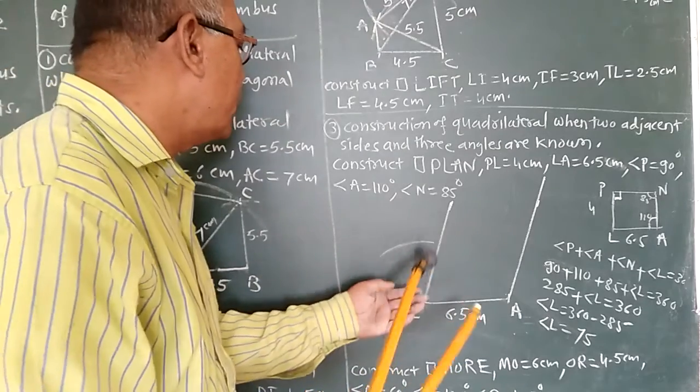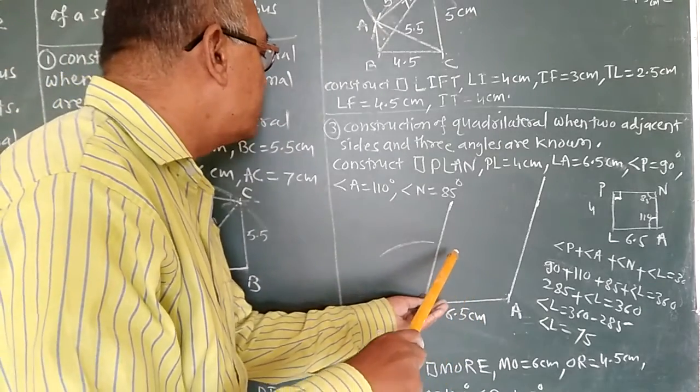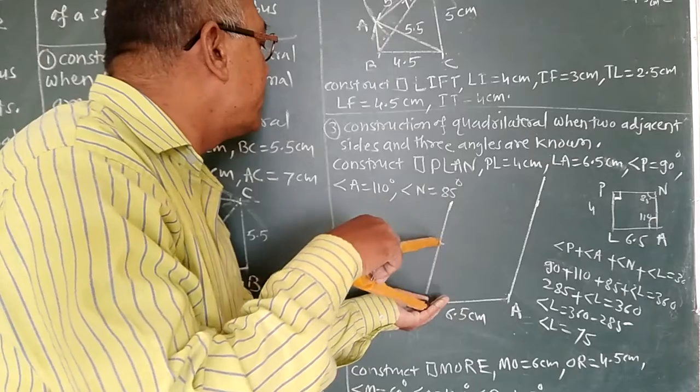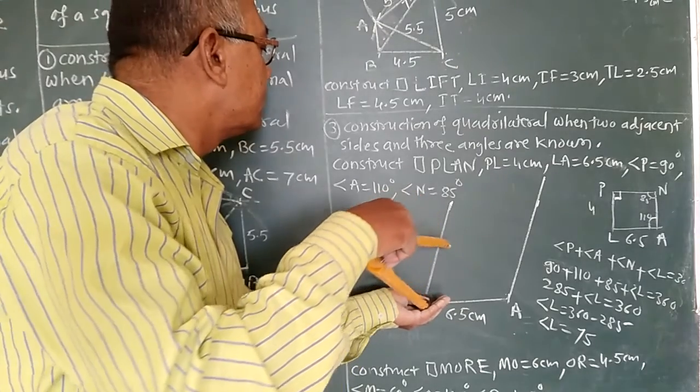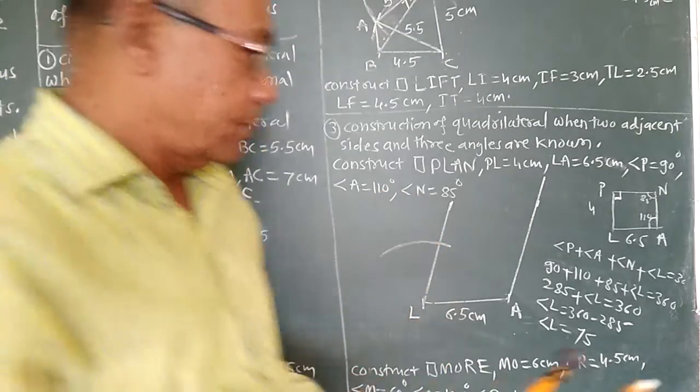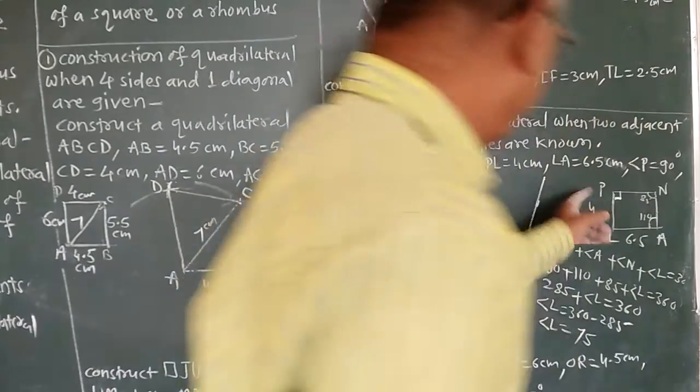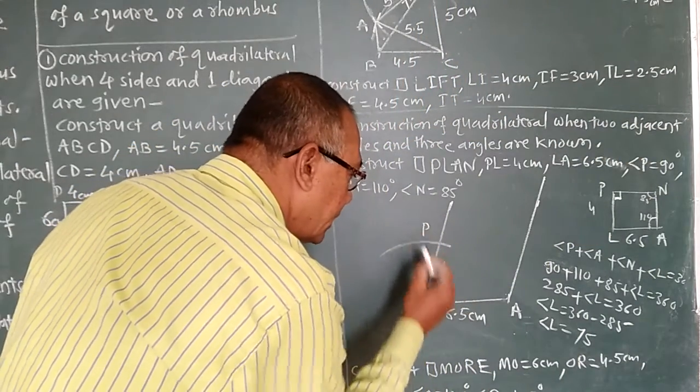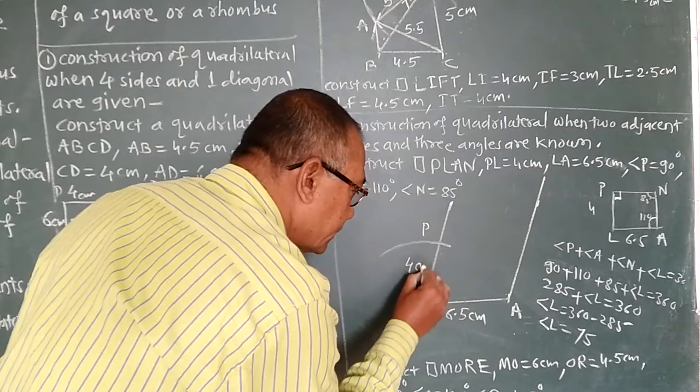So 4 centimeter I have to draw the arc which is intersecting the line segment. In this way, we got the point P here, and this length is 4 centimeter.